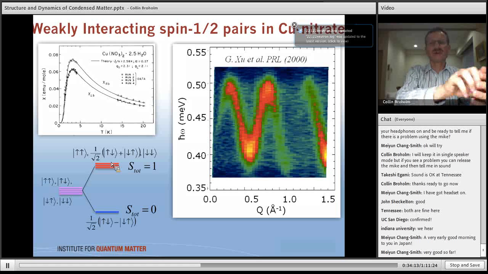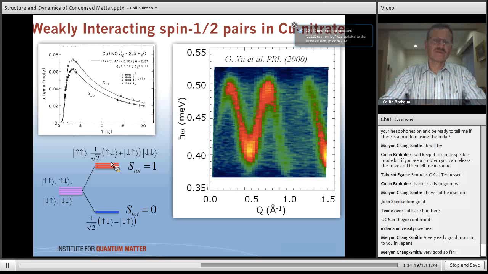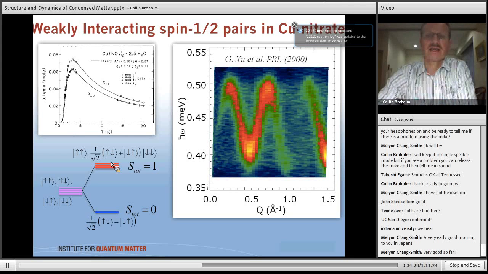It'll want to move through the lattice in some sort of coherent process, which will give rise to a dispersion in the magnetic excitations.